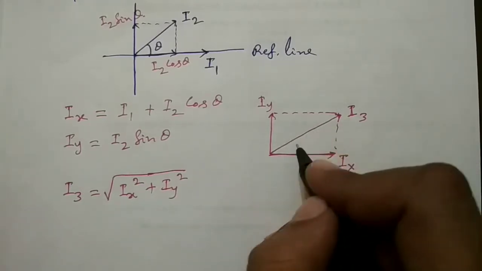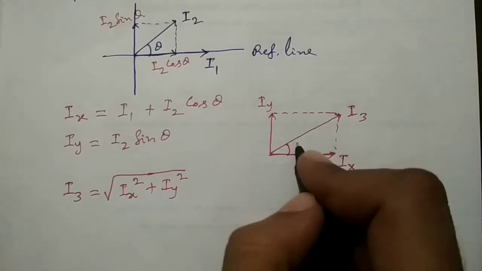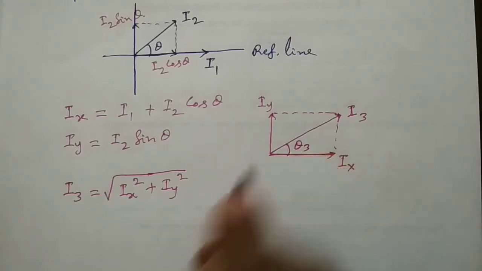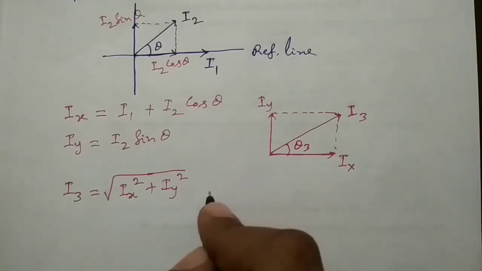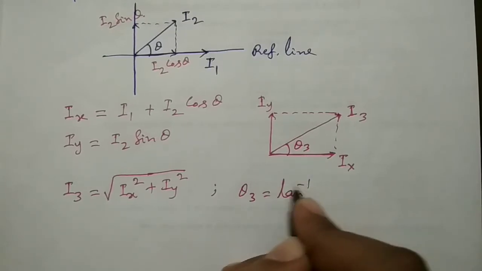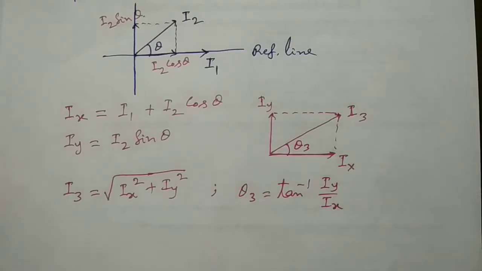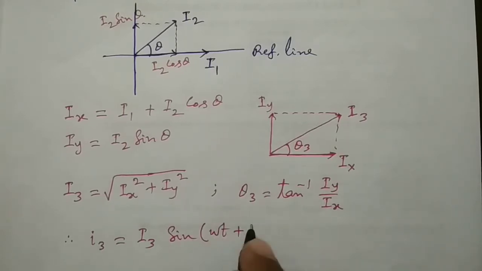And we can see that the resultant current I3 makes an angle with the reference line, that is the x-axis. Let's say it is theta 3. So the value of theta 3 can be found out by using tan inverse Iy upon Ix. So finally, the resultant current can be written as I3 equal to I3 sin omega t plus theta 3.